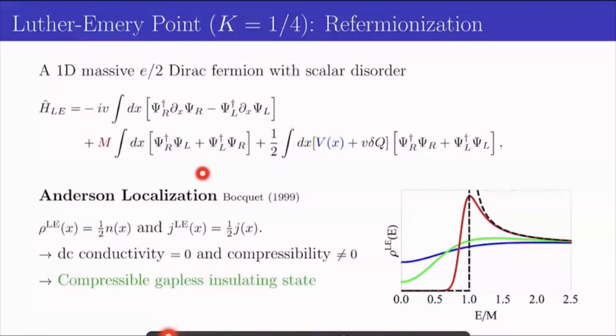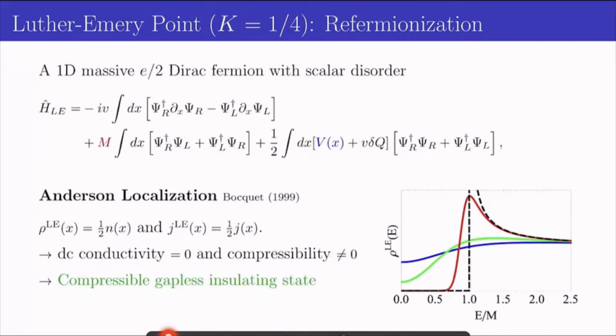Because the Luther-Emery theory shows Anderson localization, that suggests the DC conductivity equals 0 and the compressibility is non-zero, and the same applies for the physical state. So without actually solving the ground state in the physical fermion basis, we conclude that the ground state is a compressible gapless insulating state, purely based on the Luther-Emery analysis.